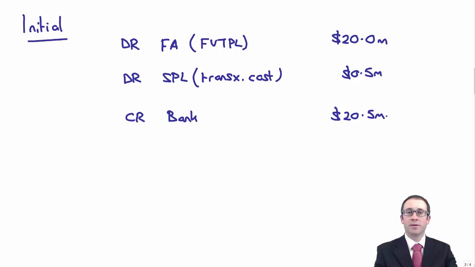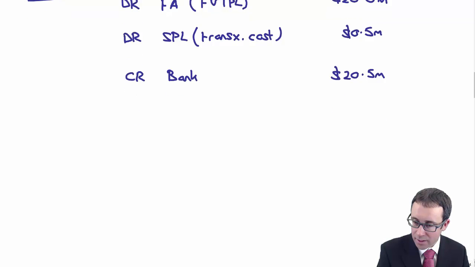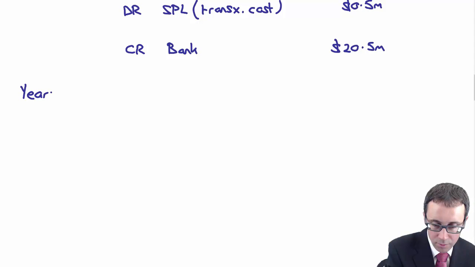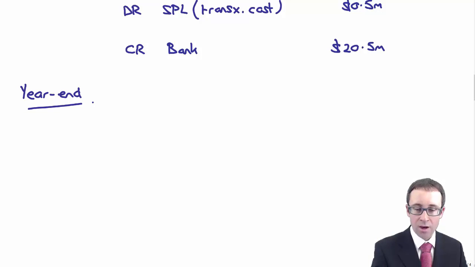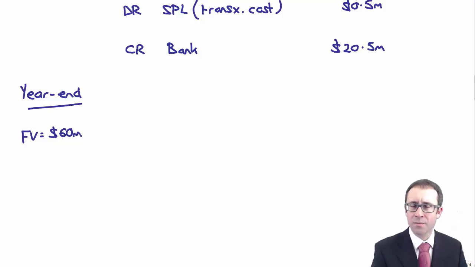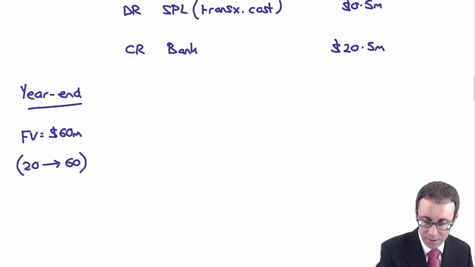Okay, there we go. Subsequently, so is that at the year end or your reporting date? You have there, don't you, the fair value is equal to $60 million. So your fair value originally was 20. It's now at 60.